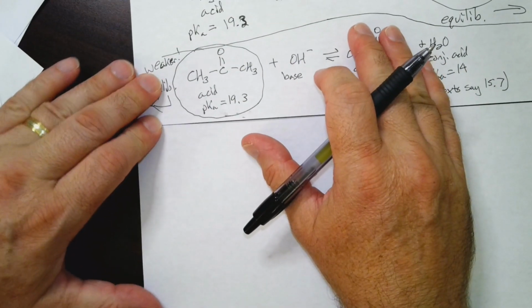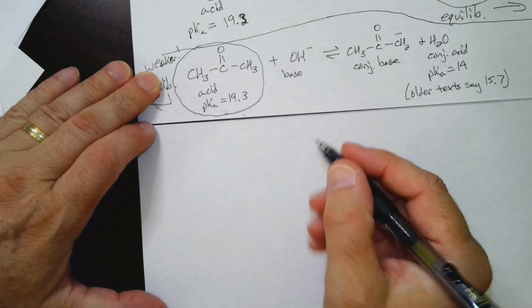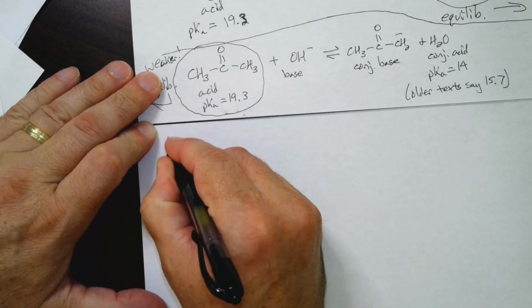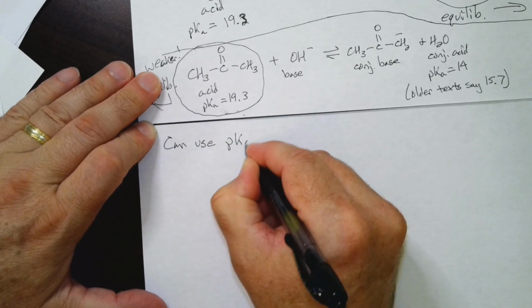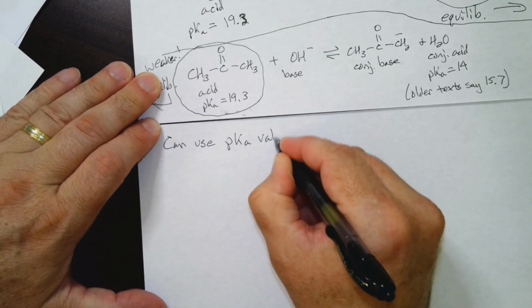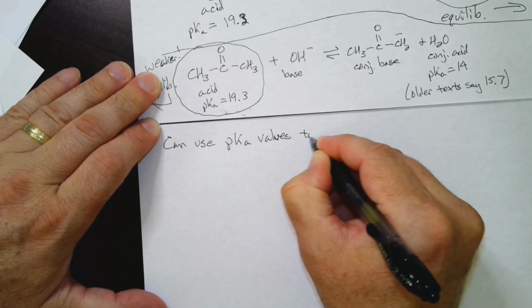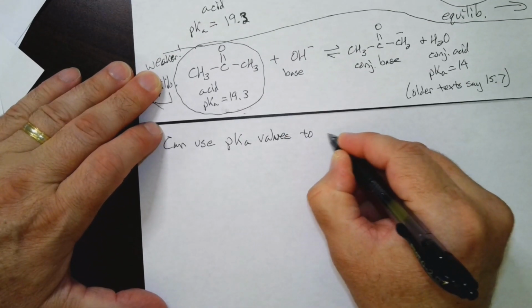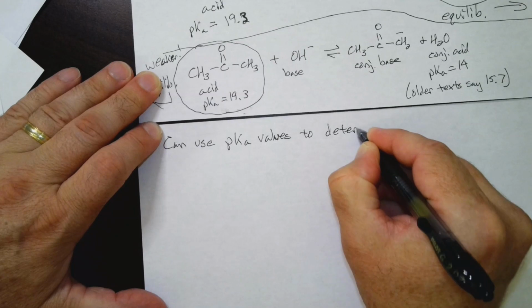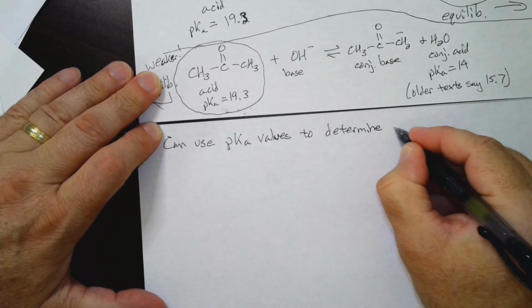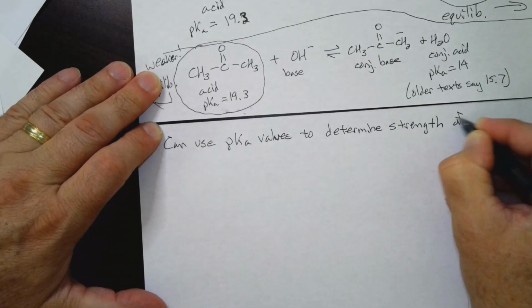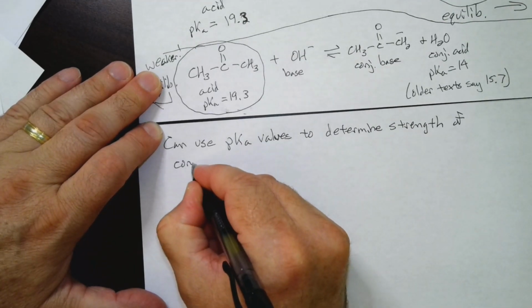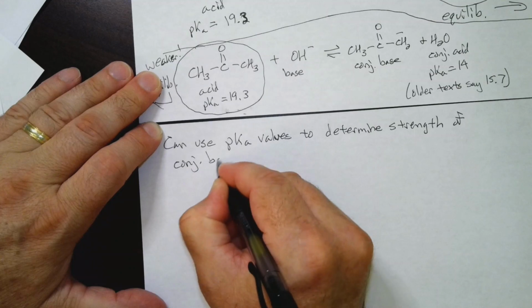And the way I like to say it is, we can use pKa values to determine strength of conjugate bases.